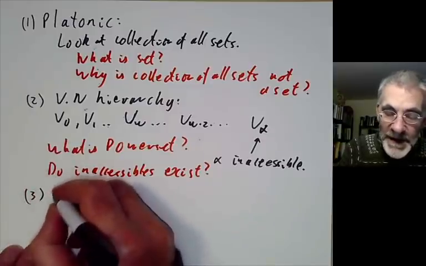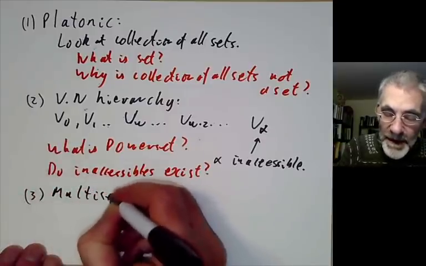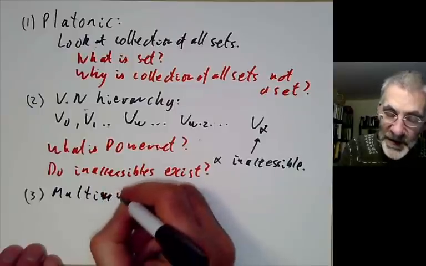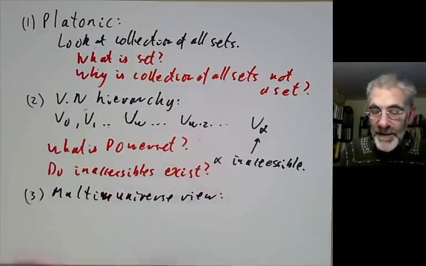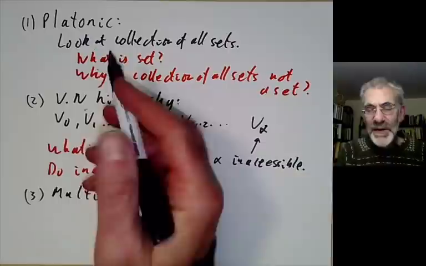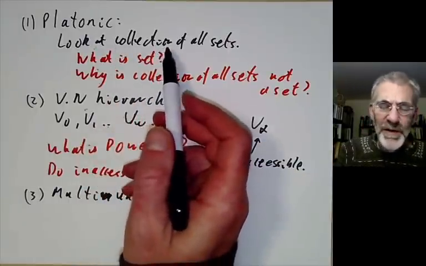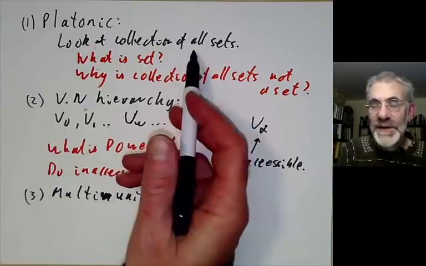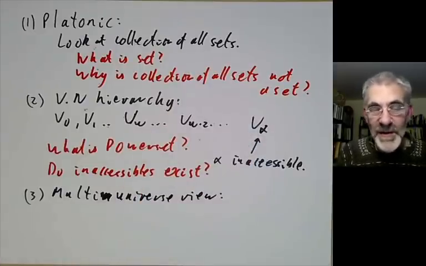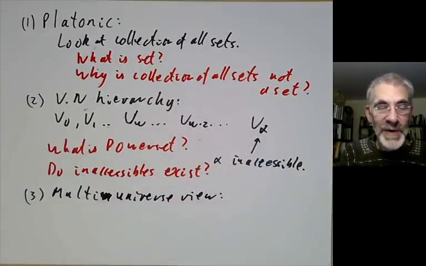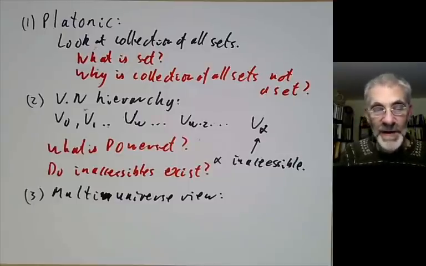A third view is the multiverse view. This means that there isn't one grand model of all sets. Instead, we get lots of different models of Zermelo Fraenkel set theory, and there's no particularly good reason for preferring one of these over another.